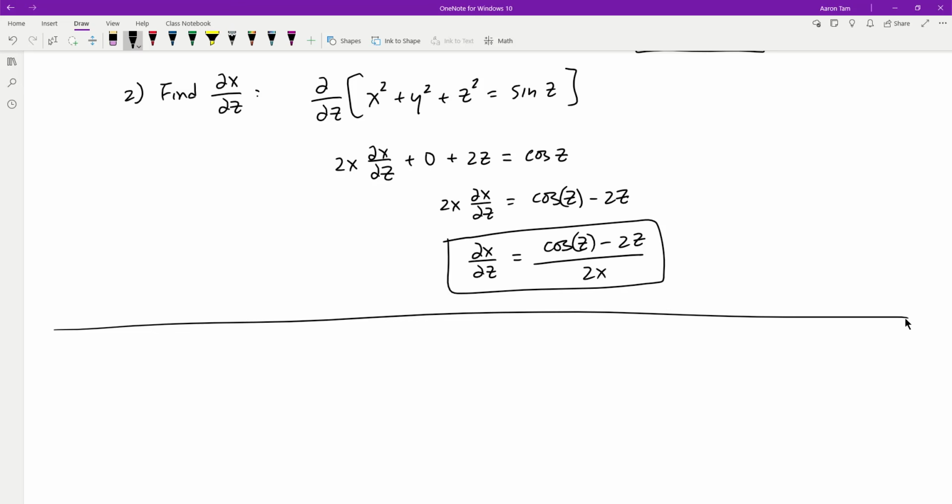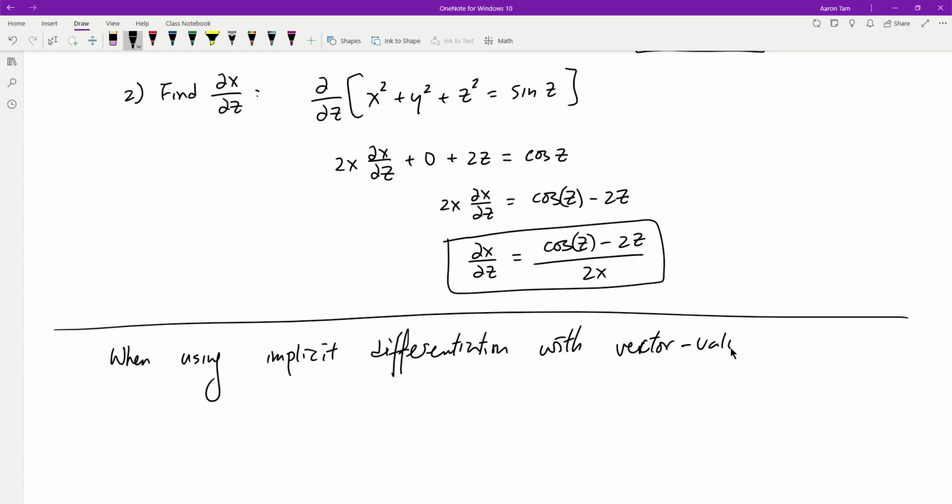When using implicit differentiation with vector value function of several variables, so meaning function that have multiple independent and dependent variables, you often run into the scenario where you actually end up having a system of equation.